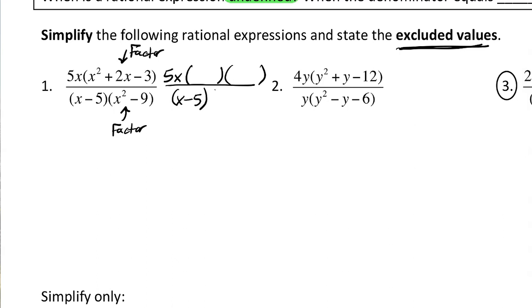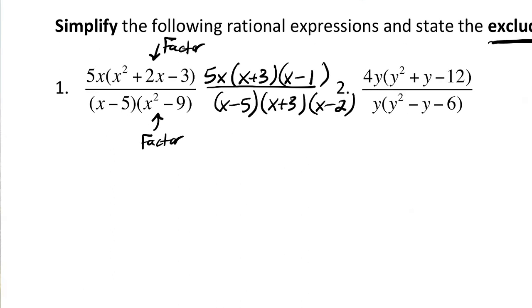In the denominator, to factor a difference of squares, we would have x plus 3 and x minus 3. And see if you know how to factor that trinomial in the numerator. You should get x plus 3 times x minus 1. And then we can divide out common factors.